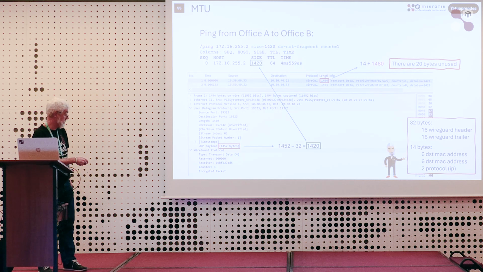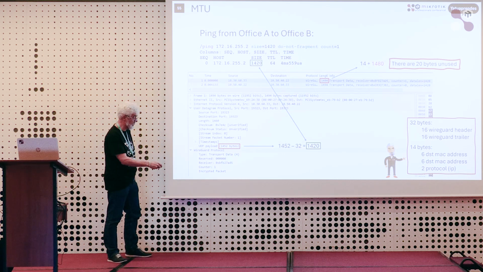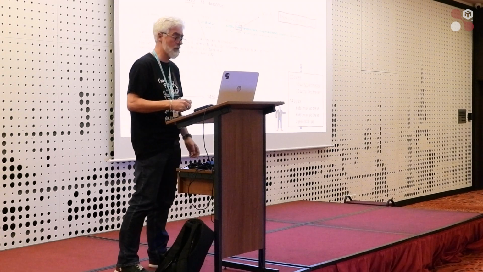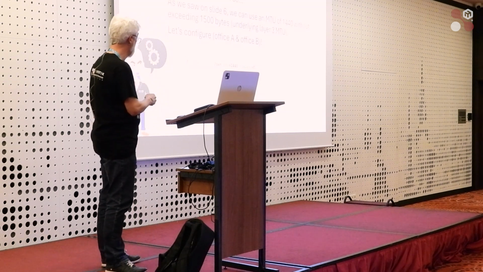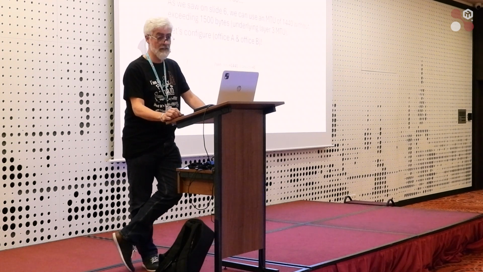Okay, there is that UDP payload counting the WireGuard protocol, because it's 32 bytes of header and trailer of WireGuard. Okay? If we are only using IPv4, then we can grow this number to 1,440 bytes.